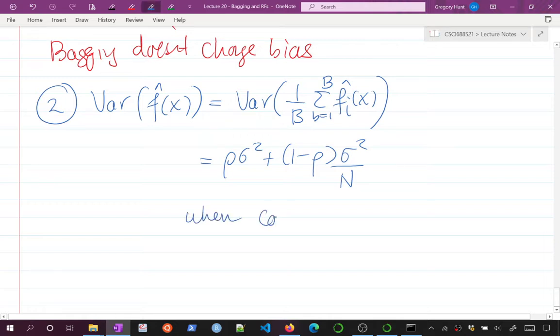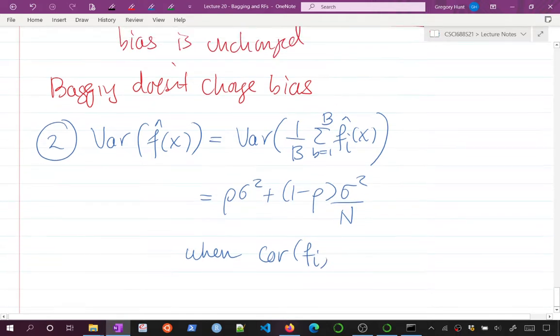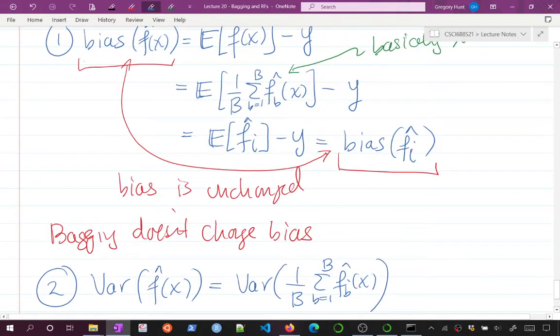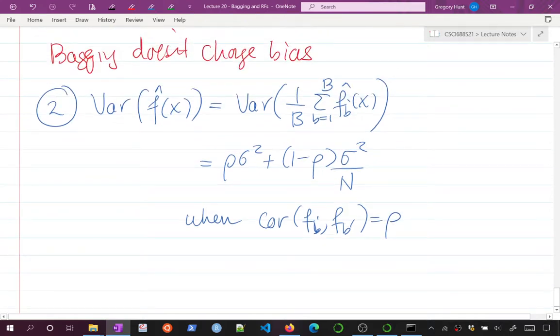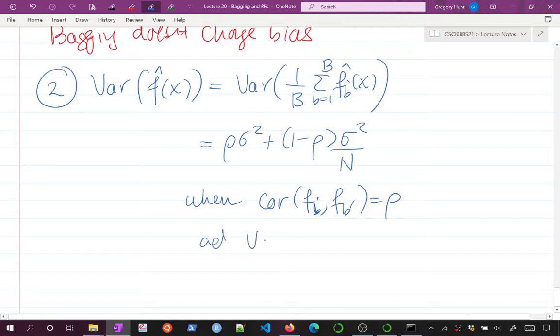Here we're assuming that the correlation between f_b and f_b prime is rho. So they're correlated, and the correlation is rho. And the variance of any of these individual classifiers is sigma squared.